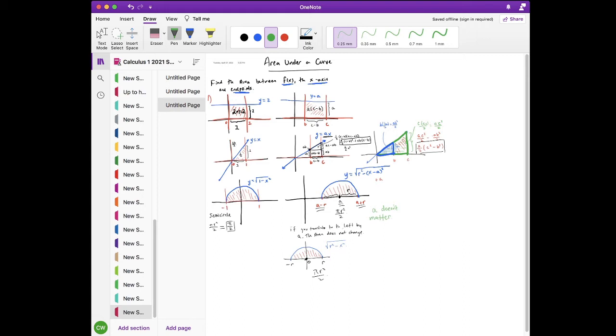We may be able to do something with ellipses, or maybe there's some formula for that. Maybe we can do something with polygons, if they have rigid edges. But when we get to curves, other than circles, it's really hard to find the area underneath. So we're actually going to use calculus to be able to do that.